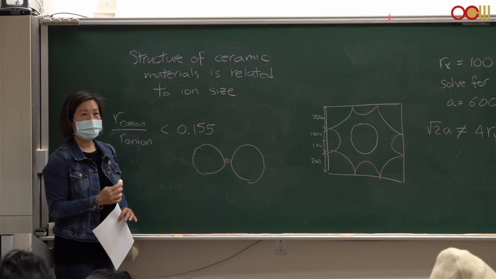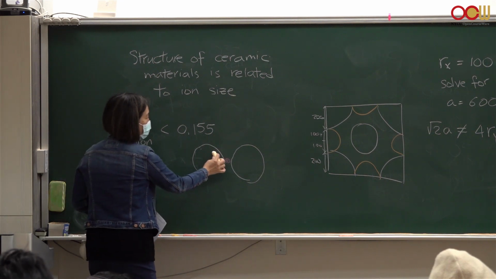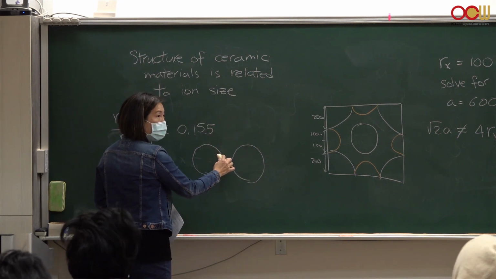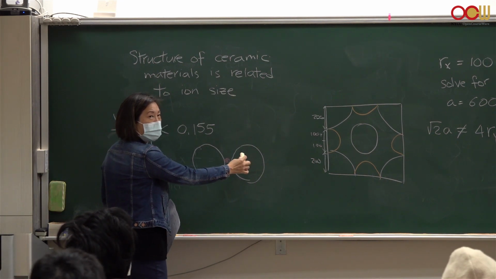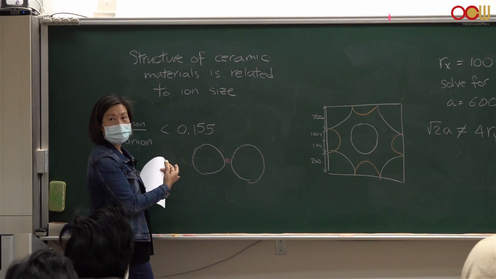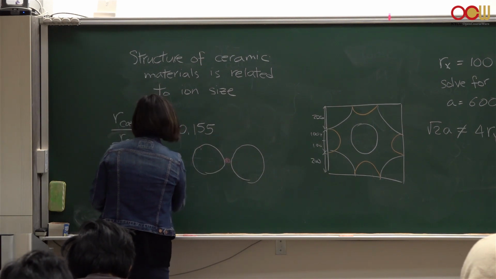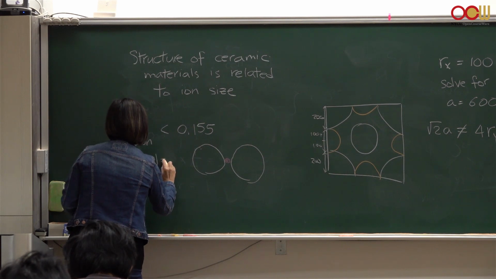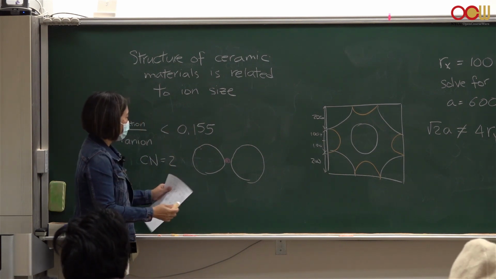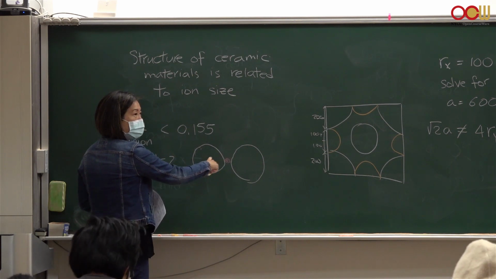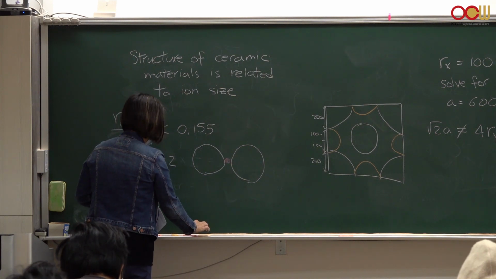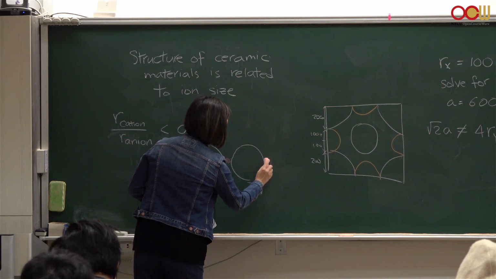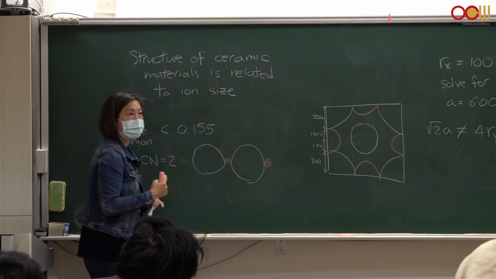It would look something like this. You couldn't fit another anion over here, because then the anions will be overlapping, they will repel each other, and will not be stable. So this has a coordination number of 2. So the cation has 2 nearest neighbors, and the anion also has 2 nearest neighbors.